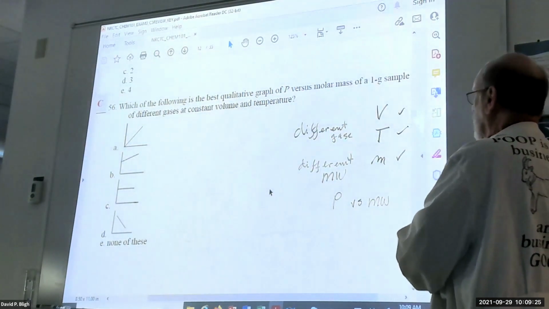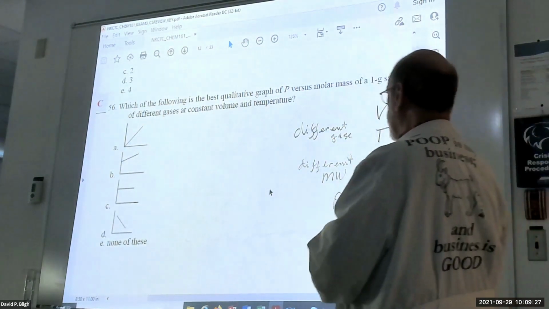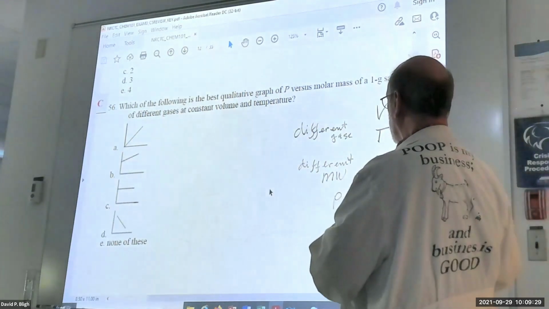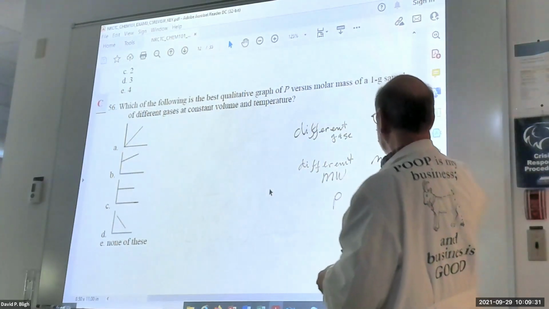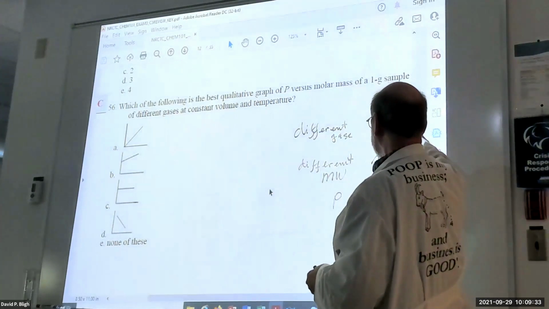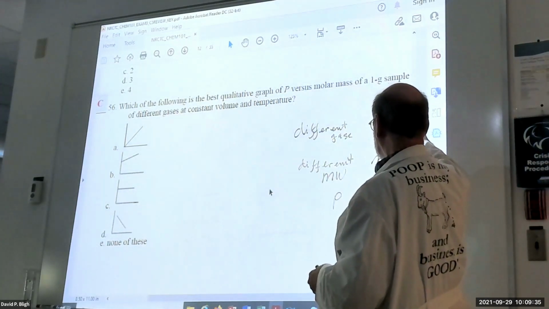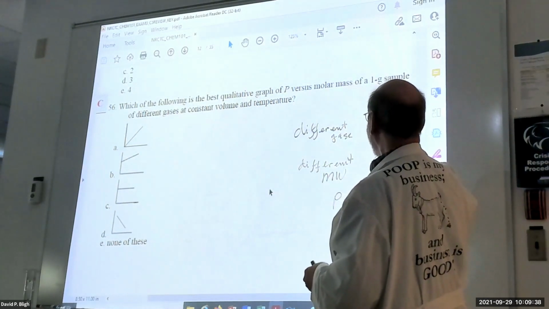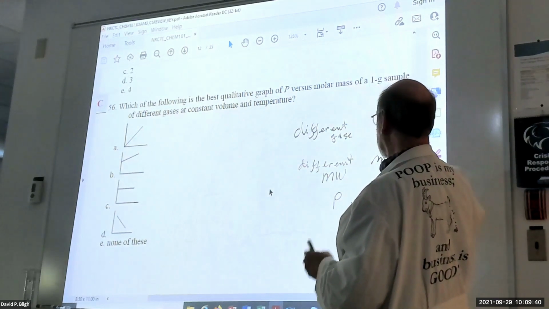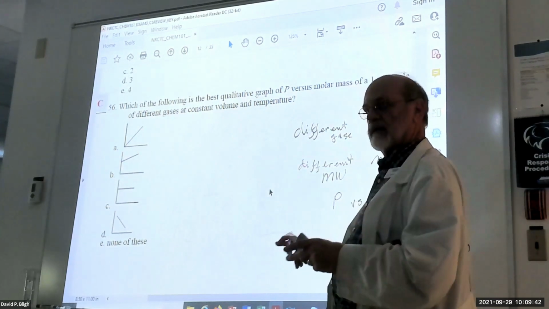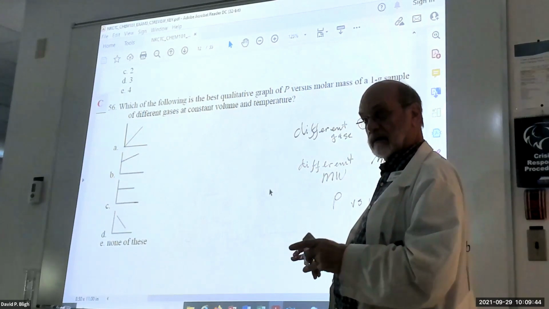All right. So let's see if we can figure out what the relationship is here. If the volume and temperature are the same, and we have the same mass of each one, what's going to vary? The number of moles will vary.